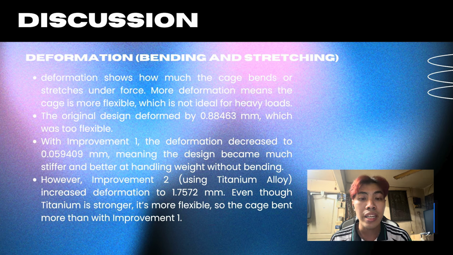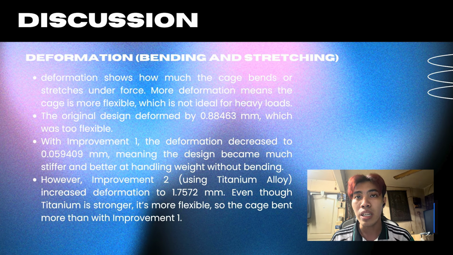Deformation, bending and stretching. Deformation shows how much the cage bends or stretches under force. More deformation means the cage is more flexible, which is not ideal for heavy loads. The original design deformed by 0.88463 mm, which is way too flexible.